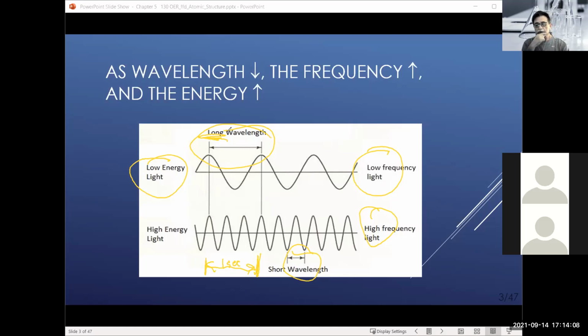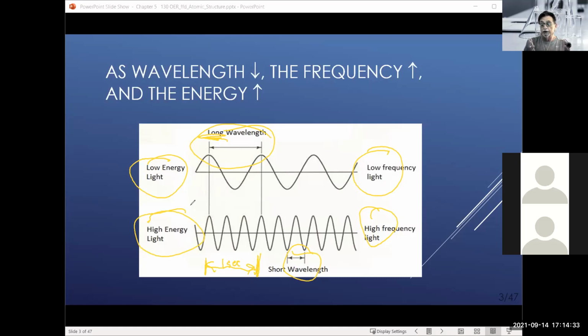Down at the bottom, you have a short wavelength, which is associated with a high frequency. Okay, and a high energy. An example of this would be an X-ray. An X-ray has a high frequency, and a short wavelength, and a very high energy output.